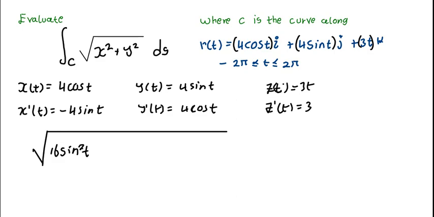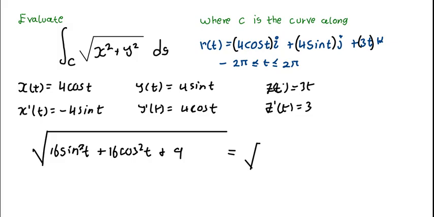Then plus, if you square this one, you're going to end up with 16 cos squared t, plus if you square 3, that's going to be a 9. So you can actually factor out the 16 here.